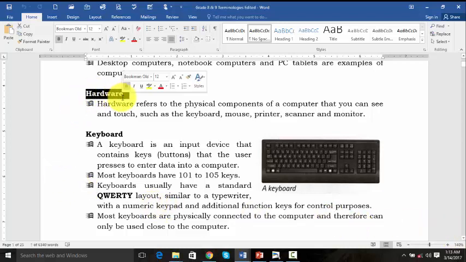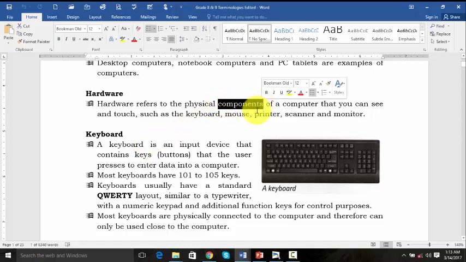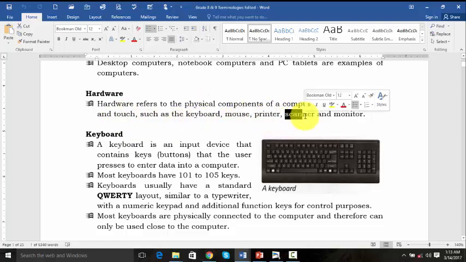Hardware means the physical components. The word components here means the parts of a computer that you can see and touch, such as the keyboard, the mouse, the printer, the scanner, and the monitor.